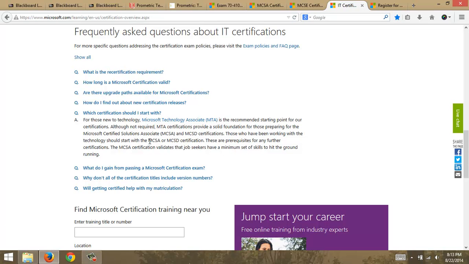So we're going to start with the MCSA. Now if you have some extra money around and you want to just take the MTA, I would suggest you do a quick self-study, look for some resources online for free, so you have something to put on your resume. But where we're starting is with the MCSA.